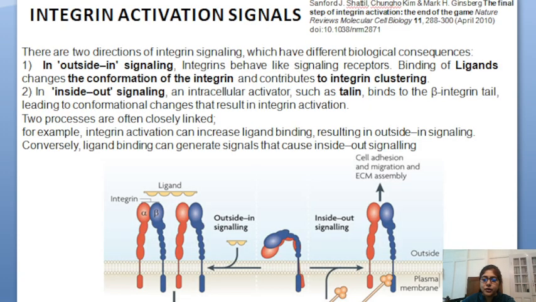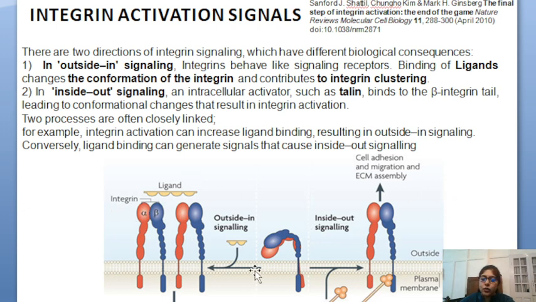Let's see how it functions. Integrin functions in two different modes, outside-in signaling and inside-out signaling. In outside-in signaling, the stimulus is from outside, and in inside-out signaling, the stimulus is from inside.